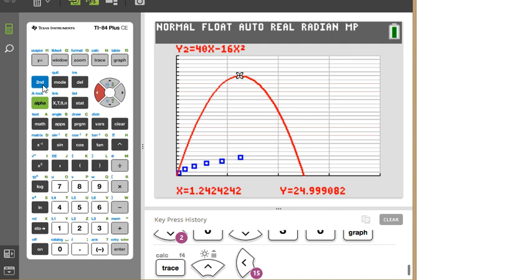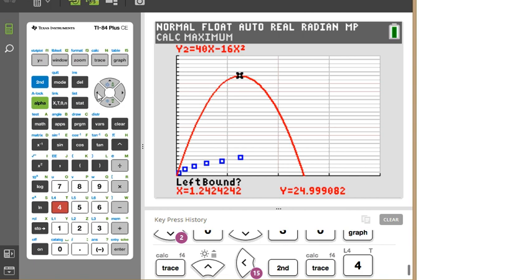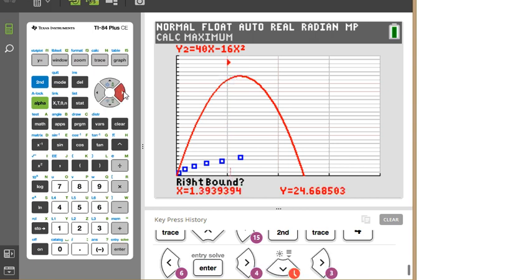And to get a more exact answer, if you go to second trace maximum, it says left bound, go to the left of the maximum, press enter. It says right bound, go to the right of the maximum, press enter a third time. We get a maximum value of 25.